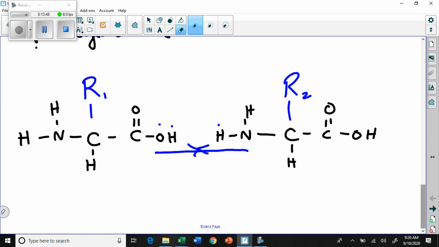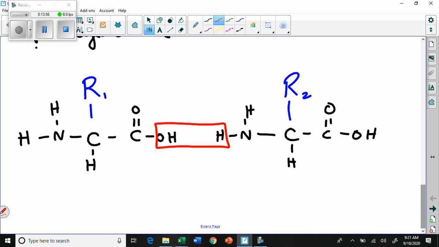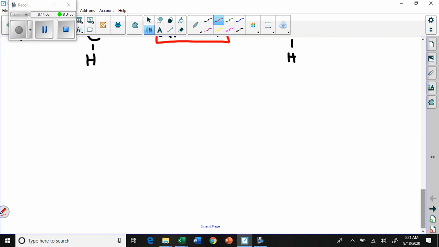So let's pull the water out and show what it would look like if I take this OH and this H and remove it from here, like a dehydration. You can see how it would stick together. So it would be the original amino acid on this side, N, H, H, and then I'll put its R in a minute.